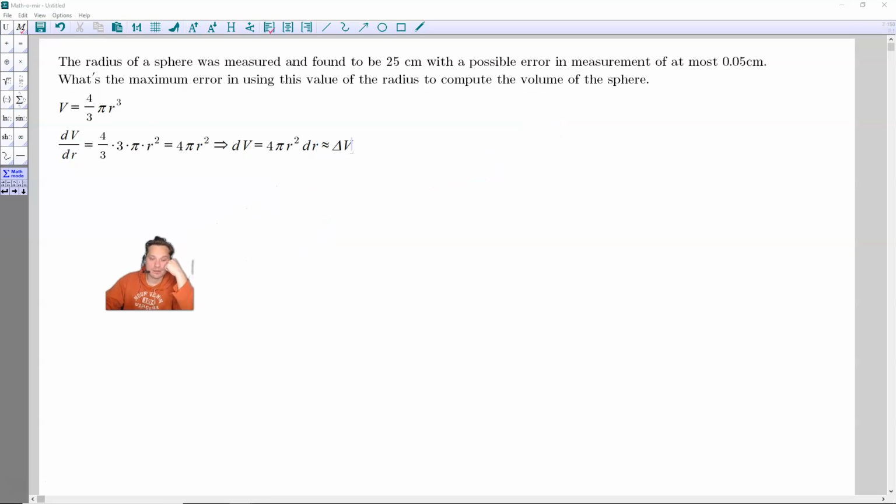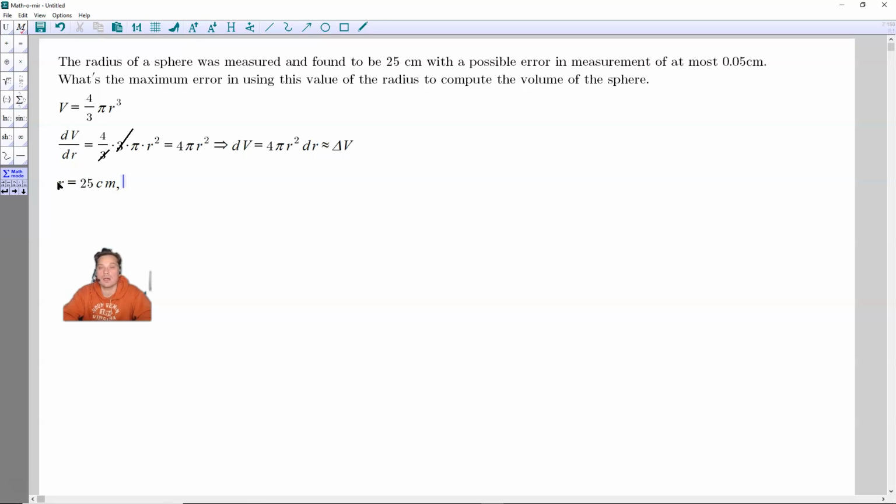So now we are told the following. It says, what's the maximum error in using this value of the radius to compute the volume of the sphere? So let's make use of the information. We are told that r is equal to 25 centimeters. And further, we are told that dr, which is the change in the radius, is equal to 0.05 centimeters.